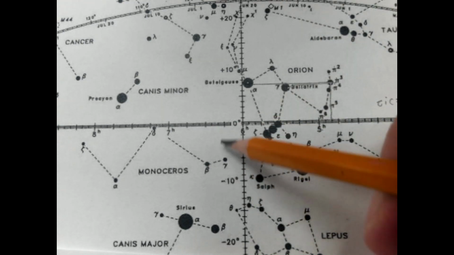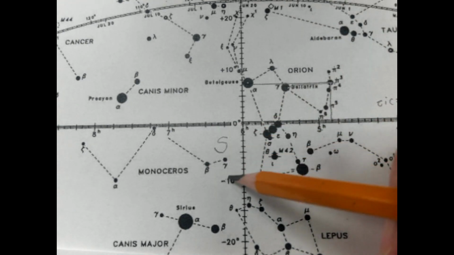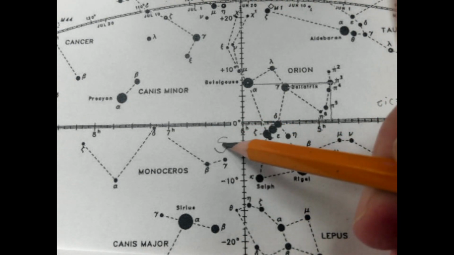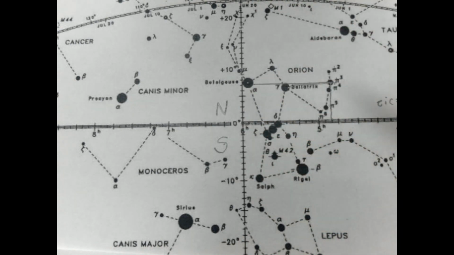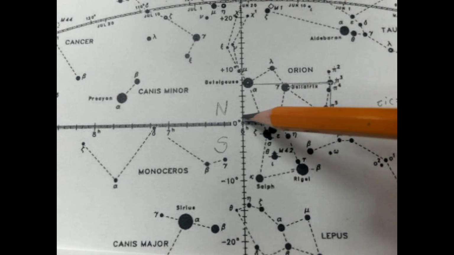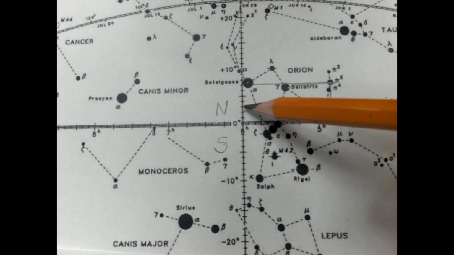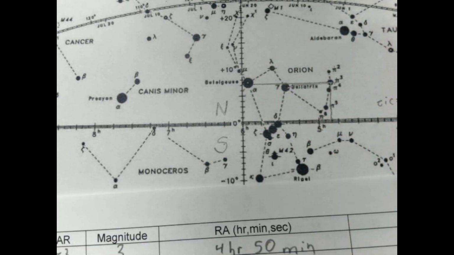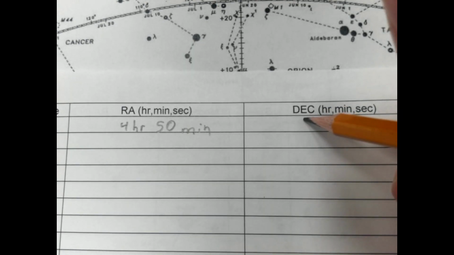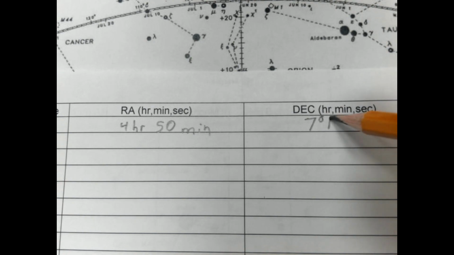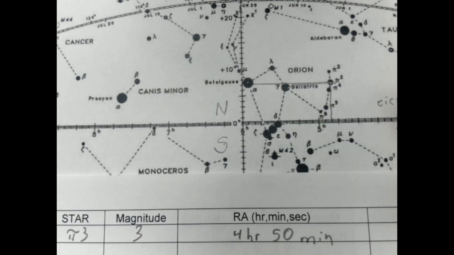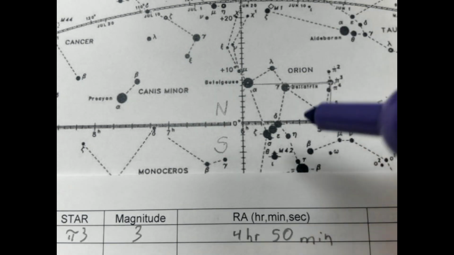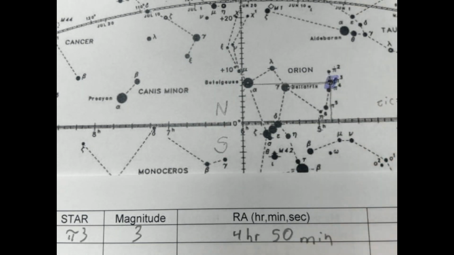Minus, that indicates the southern half of the sky. So anything below the line is south. Anything above the line is north. So it looks like 1, 2, 3, 4, 5, 6, 7. So it looks like about 7 degrees north. And I'm going to use a highlighter to indicate which ones we've already done.